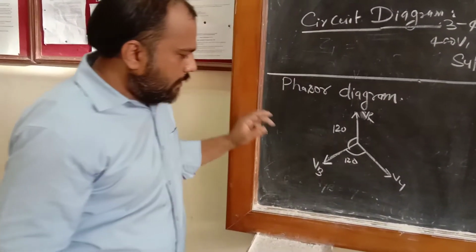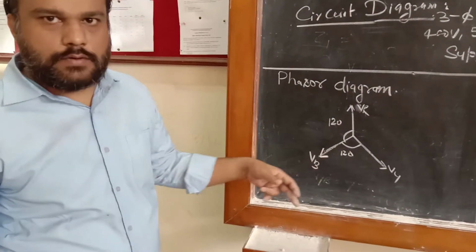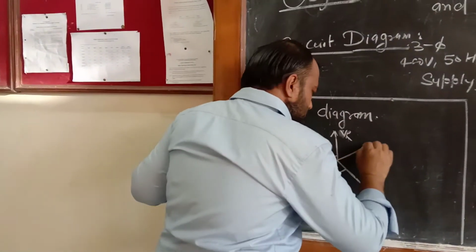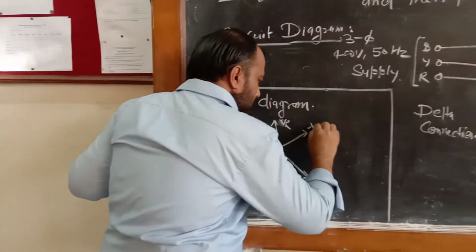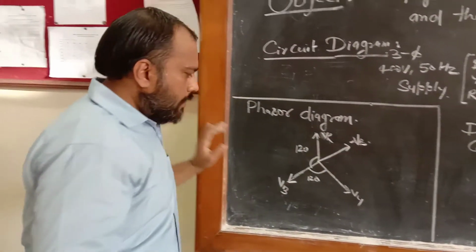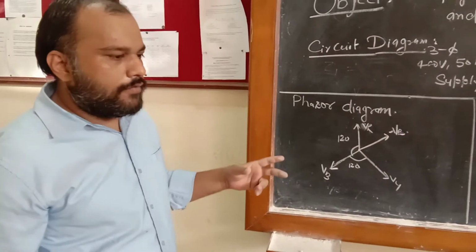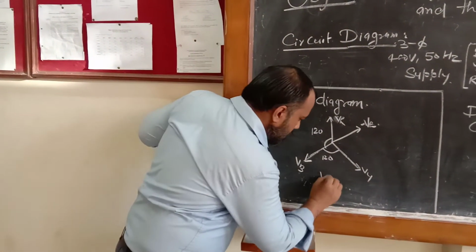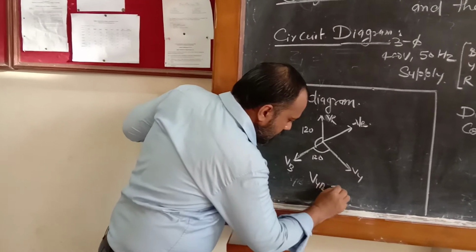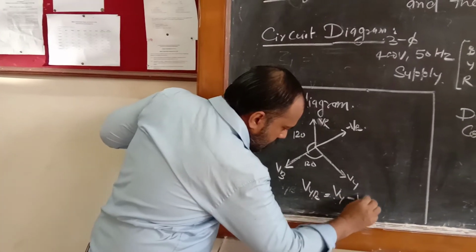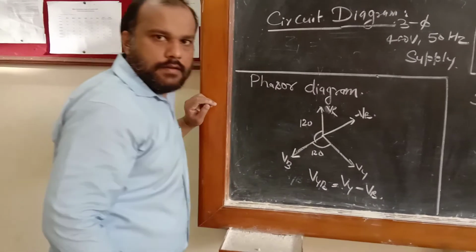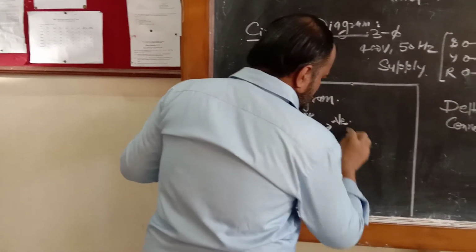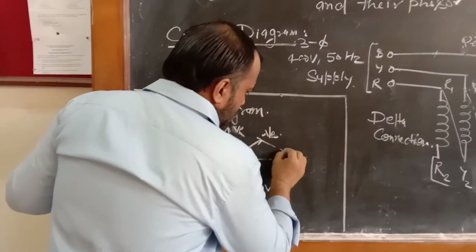Now I am drawing minus Vb, which will be in the opposite direction. So this is minus Vb. Now if you want a line voltage, the line voltage Vyb would be Vy minus Vb. So the vector sum of Vy and minus Vb would be Vyb.